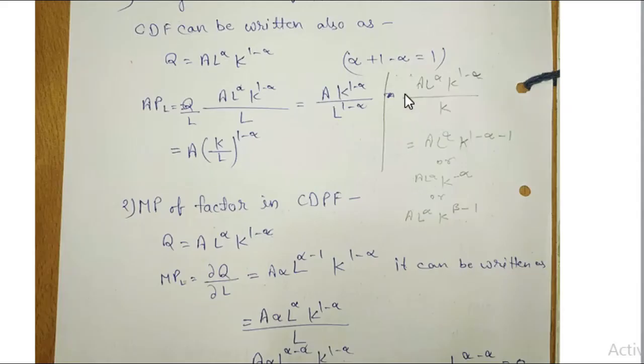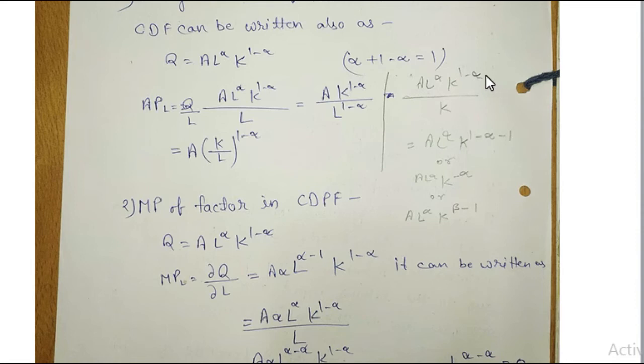Now, what you can see written by pencil on this screen is the average product of capital. Likewise, average product of capital will be Q upon K. You have written the equation of Q here, and you have put K here. Now you brought this K on the numerator side, and it has become exponent of minus 1.